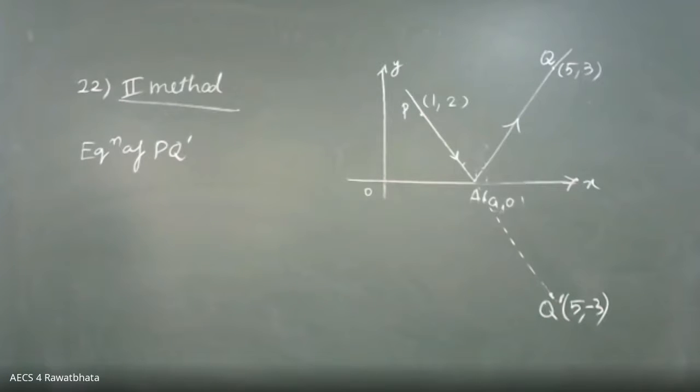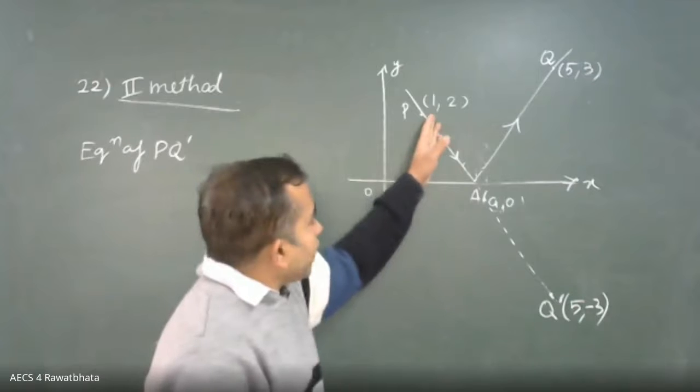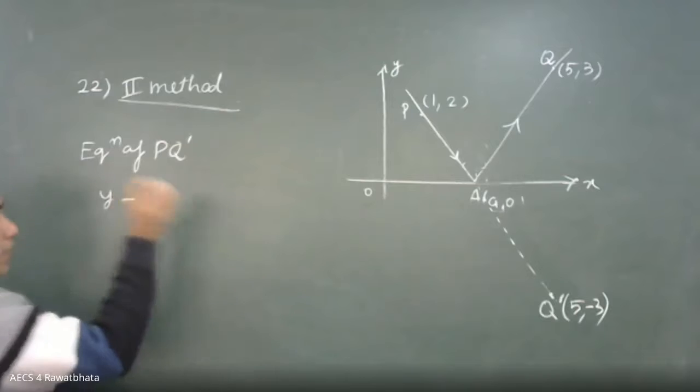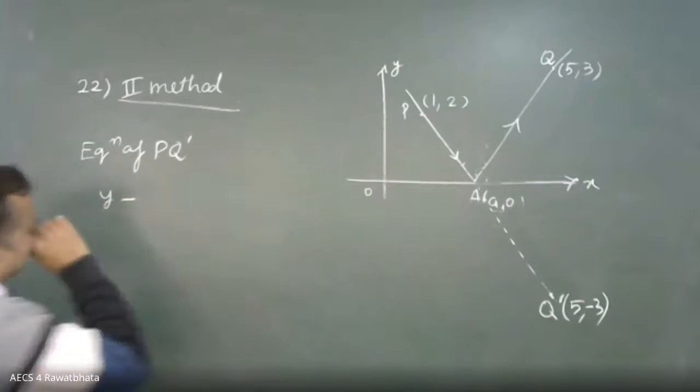Anyone from C section? Karthik Verma, will you tell me the equation of PQ dash? Mohammad Abid, are you there? Can you tell me the equation of the line joining 1, 2 and 5 comma minus 3? Yes, tell me. Put the values.